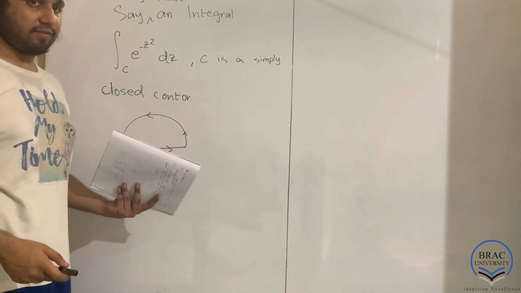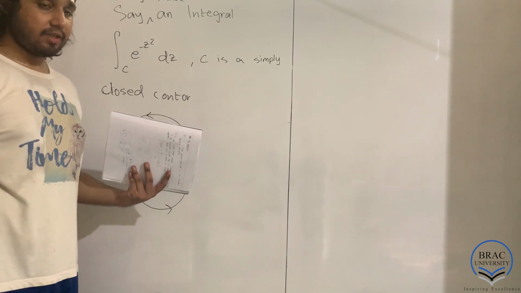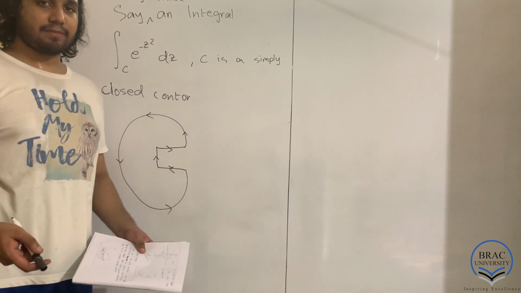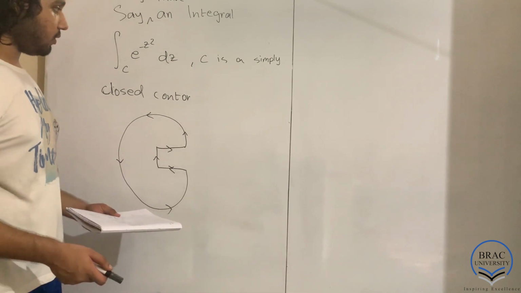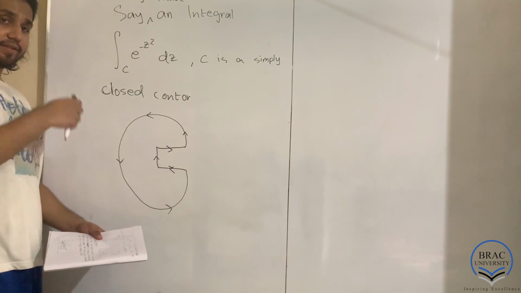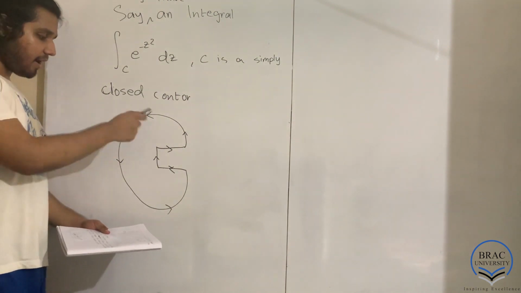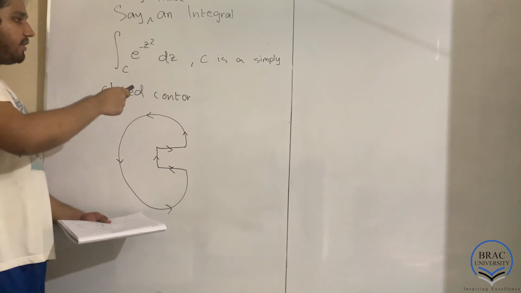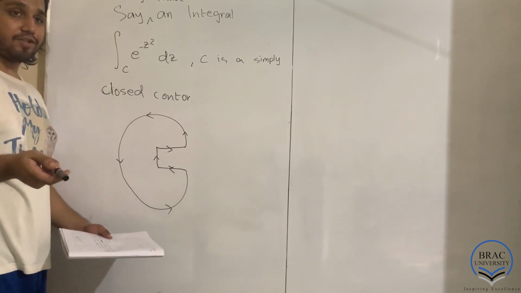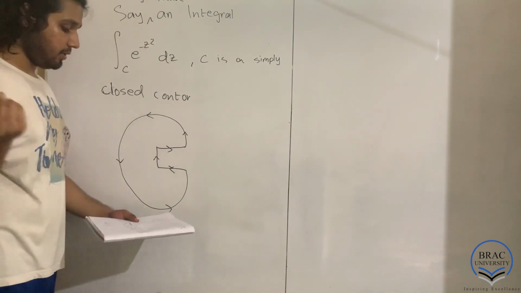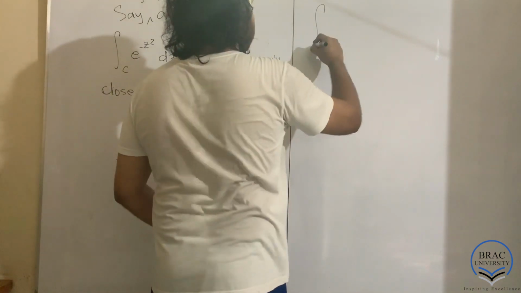It's an entire function, in fact, continuous everywhere in the complex plane. So, as mentioned in the previous example, regardless of the shape of our contour, if your function is analytic inside your domain and your contour is closed, the integral is 0.